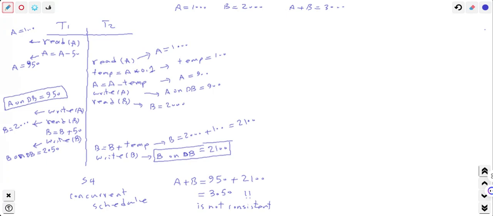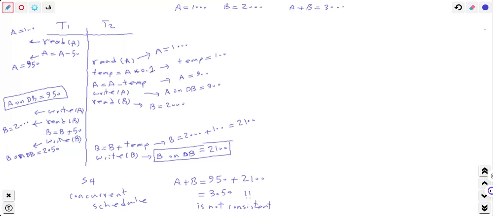I mean, we run operations of concurrent schedules such that the concurrent schedule will be equal, or equivalent, to a serial schedule.